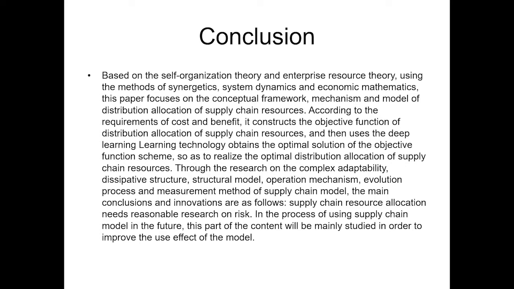According to the requirements of cost and benefit, it constructs the objective function of distribution allocation of supply chain resources, and then uses deep learning technology to obtain the optimal solution of the objective function scheme, so as to realize the optimal distribution allocation of supply chain resources.